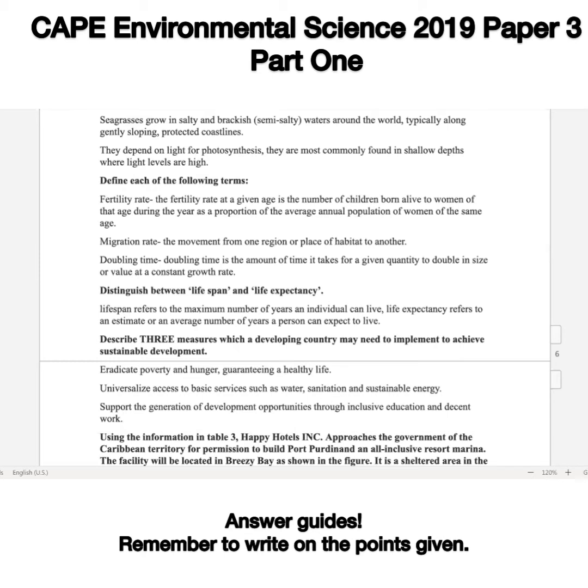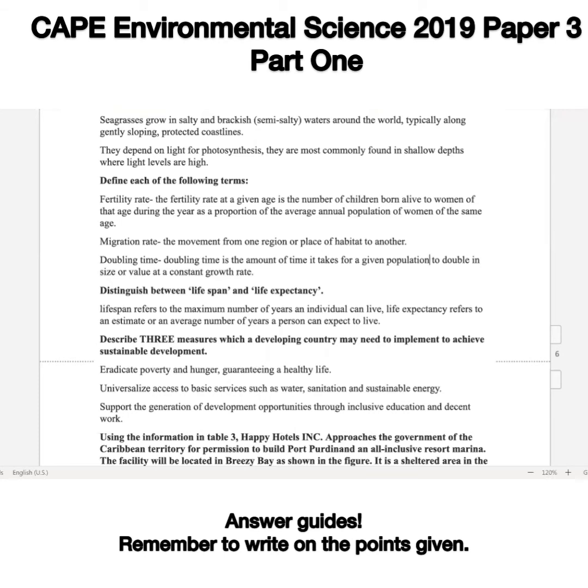To shorten this, you could say the fertility rate is the number of births per 1,000 women between the ages of 15 to 44 in a year. That's the simplified version. And then the migration rate is the rate of increase in a population due to migration. Doubling time is the amount of time it takes for a population to double in size at a constant growth rate.